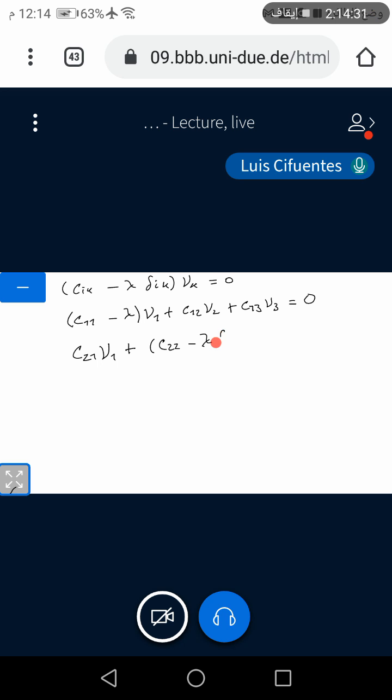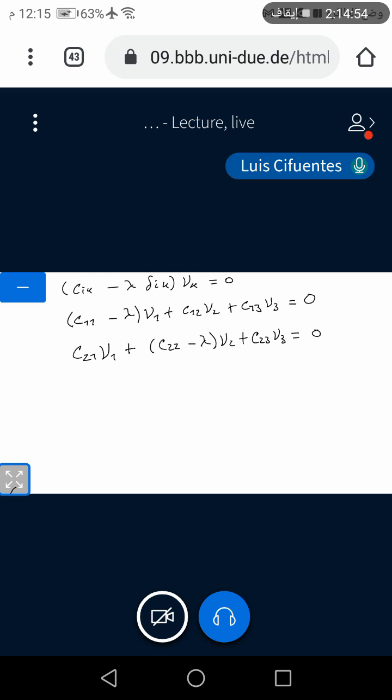In this case we have Kronecker delta 2, 2, but it's just 1, that's why I just write down here lambda, v2, plus C23 v3 equals 0.